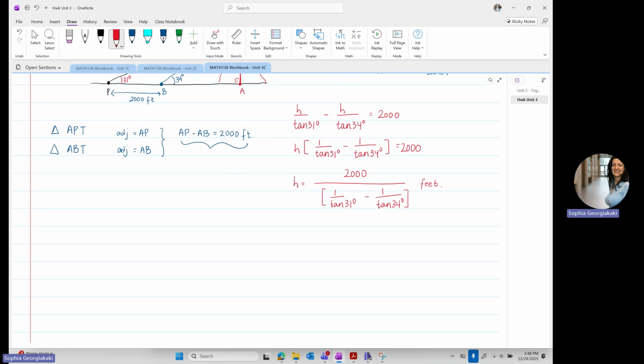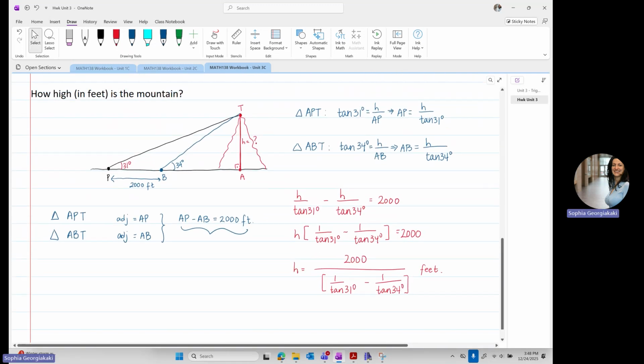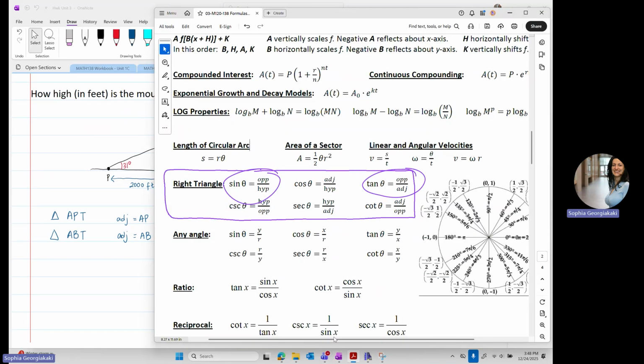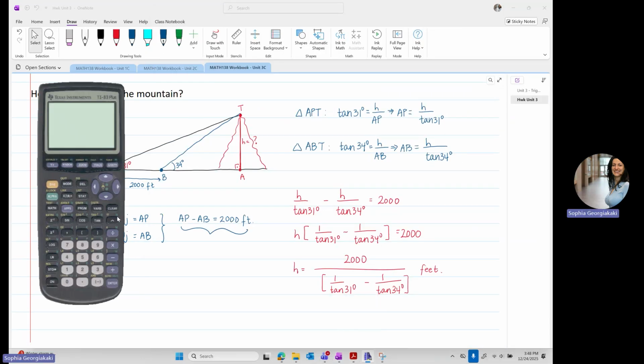So let's see if this will work. Will that be H? All right, let's try here. So I have 2,000 divided by parenthesis 1 divided by the tangent of 31 degrees, close the tangent, minus 1 divided by the tangent of 34 degrees.